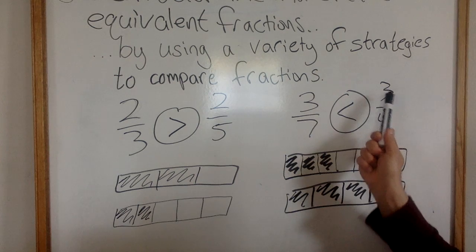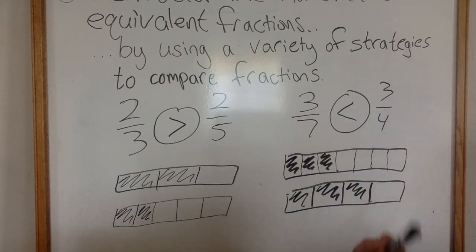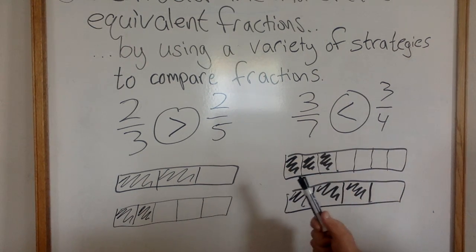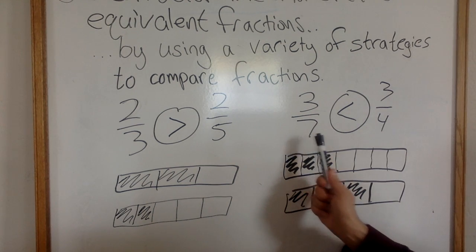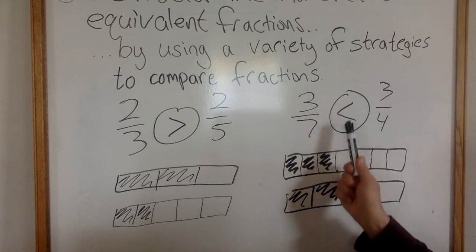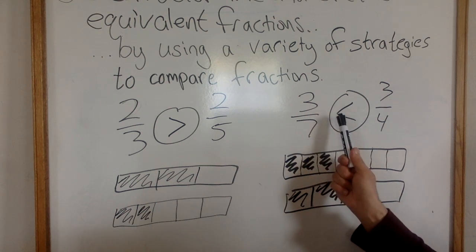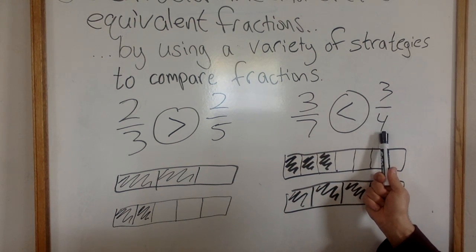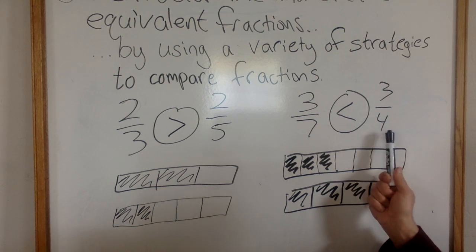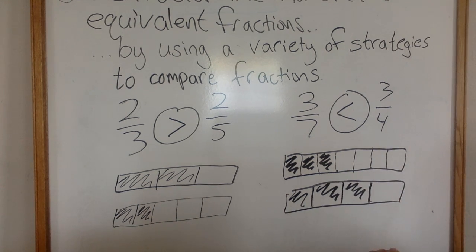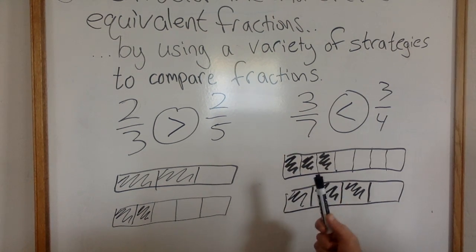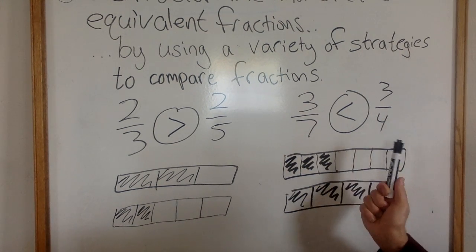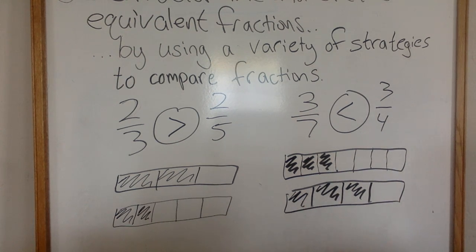So when your numerators are the same and you're comparing by denominators, the larger denominator is going to be smaller pieces. So a larger denominator number makes smaller pieces, and a smaller denominator makes larger pieces. Bigger the number, smaller the pieces. Less the number, larger the pieces.